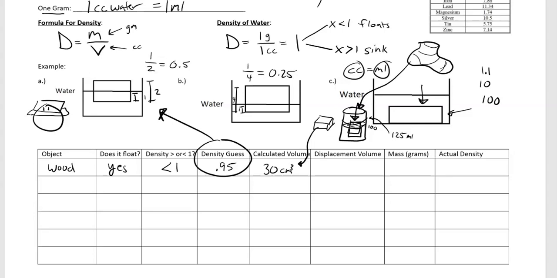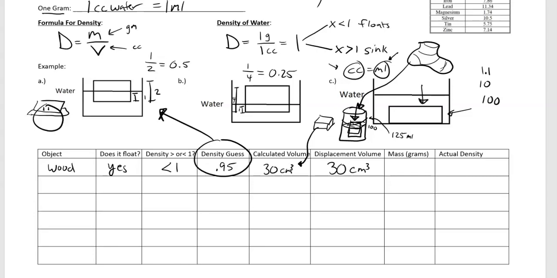It's just easier. When it's down at the bottom, you figure out what the difference in the milliliters is, and that's going to give you your volume. And this is all because the people who thought up this method had a milliliter equaling a cubic centimeter, which is pretty awesome. So anyways, let's say both of these got 30 centimeters cubed.